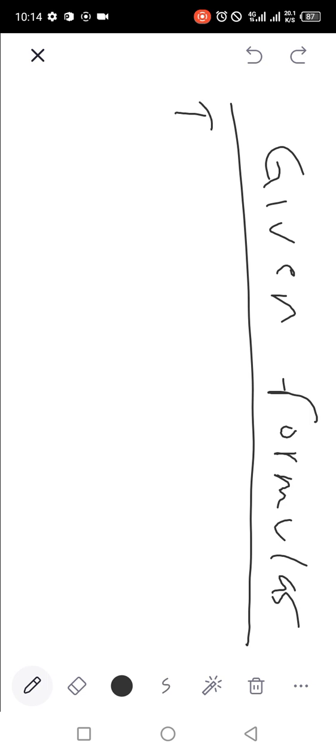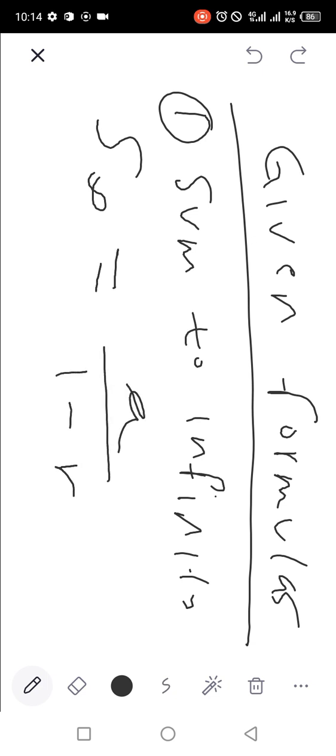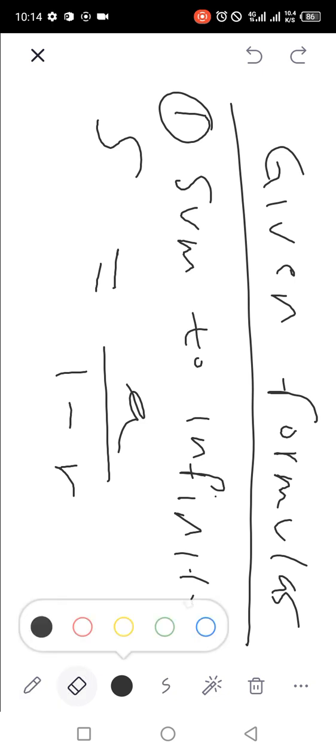The first one is called sum to infinity. They will give you this. You don't have to worry. This symbol stands for infinity.